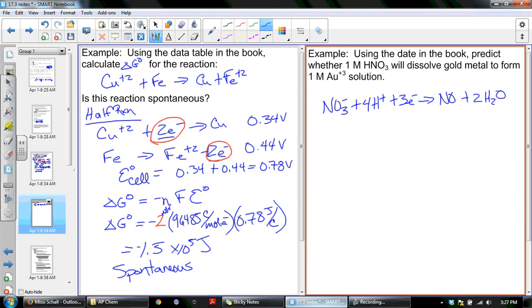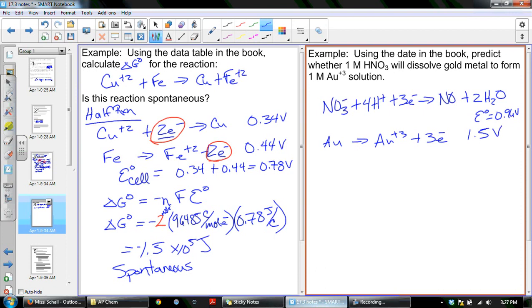And you would find that the E of the reaction would be 0.96 volts. Then you would find that the gold creates gold ions plus 3 electrons, and it's at 1.5 volts.